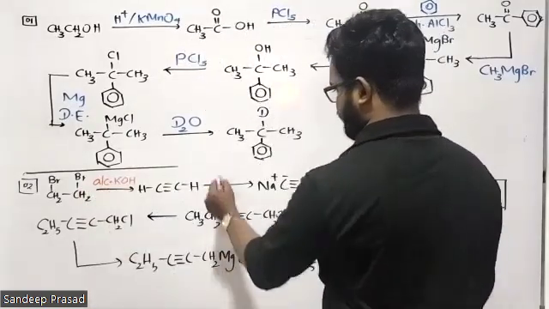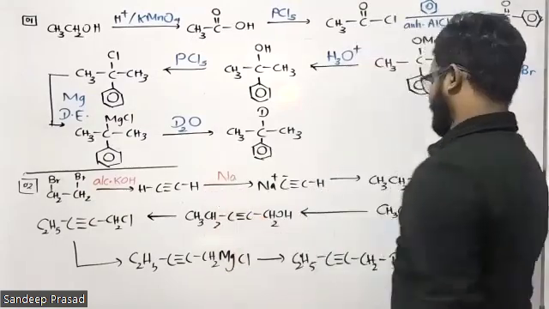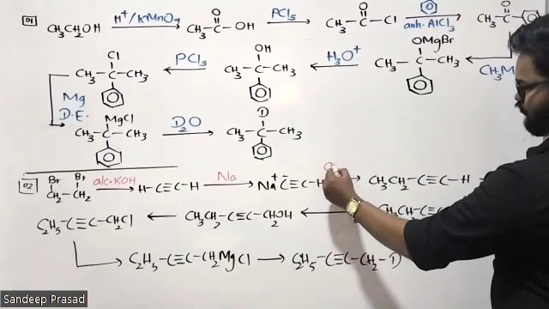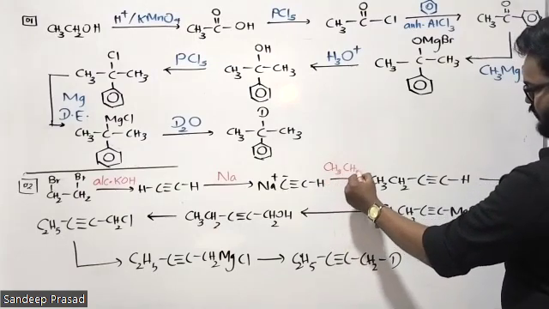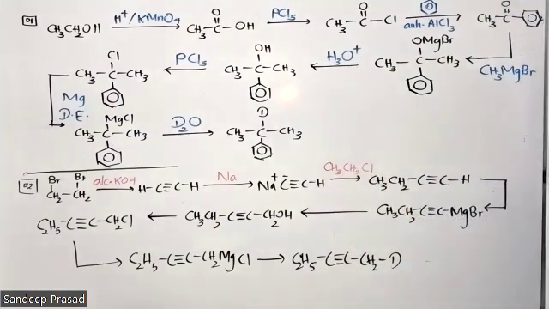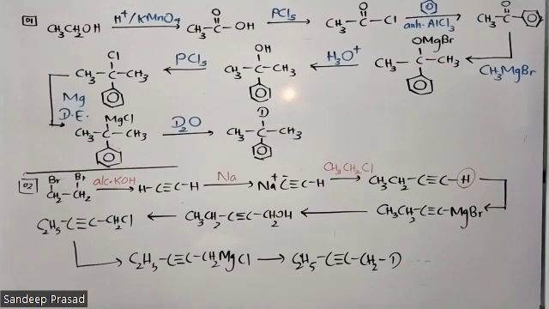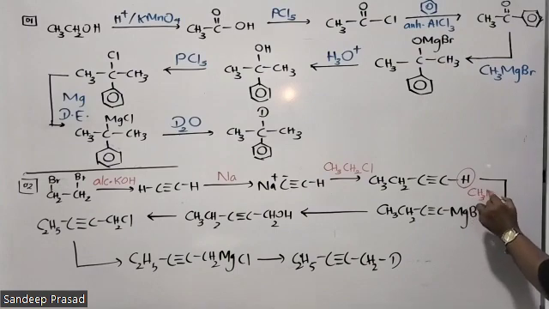Alcoholic KOH, sodium, CH3, CH2, CH. Then here they have acidic hydrogen and it is converted into MgBr, which means definitely they have added a Grignard reagent. So a simple Grignard reagent like CH3MgBr.